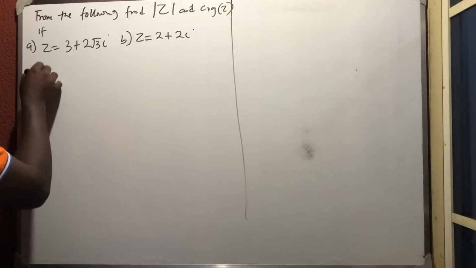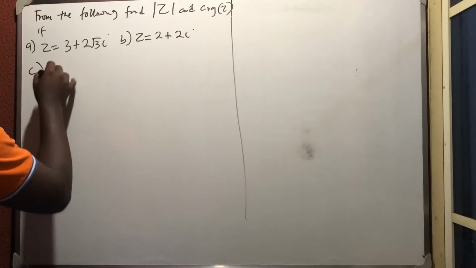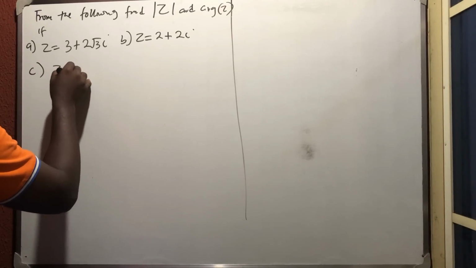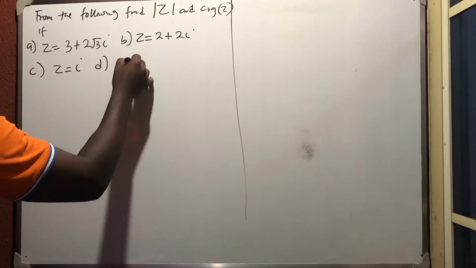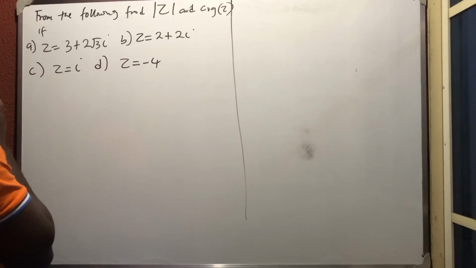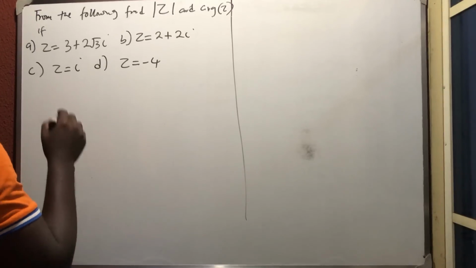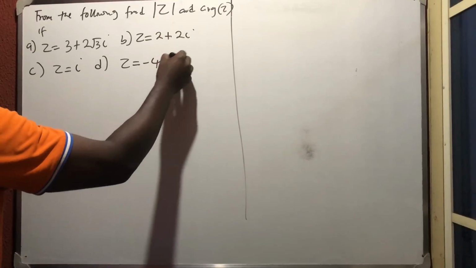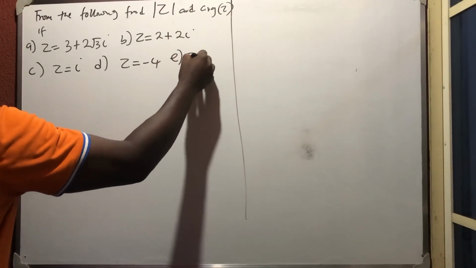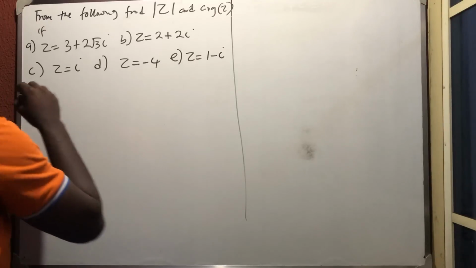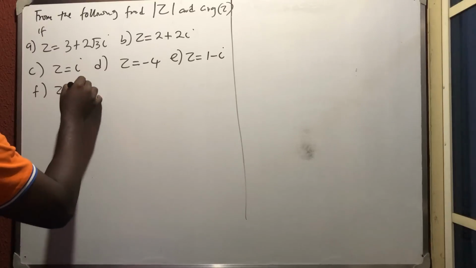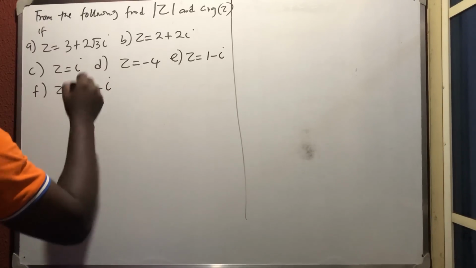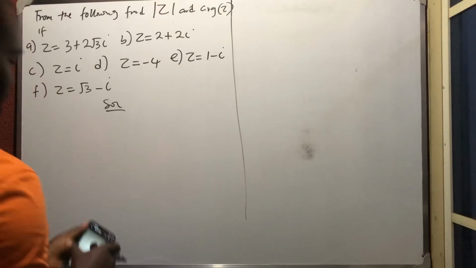C question said that z is equal to just i. D question said that z is equal to minus 4. E question said z is equal to 1 minus i. F question now says z is equal to root 3 minus i. Okay, solution.